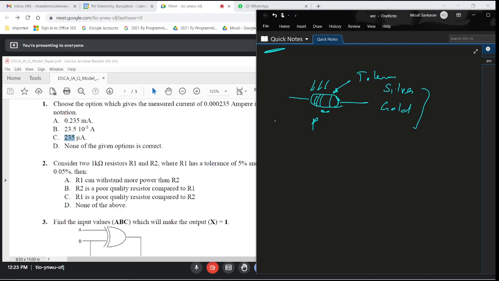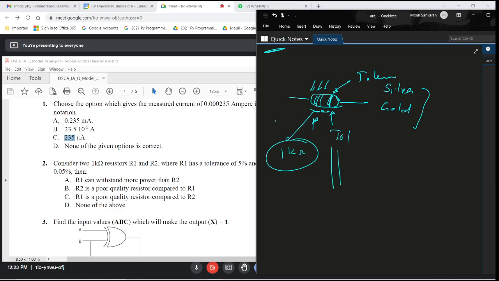There will be a distance between the three rings and the fourth one, so you have to hold it in such a way that you see the tolerance color properly. This tolerance gives you how good the manufacturing of this resistor value is. Suppose the color coding says it is 1 kilo ohm.